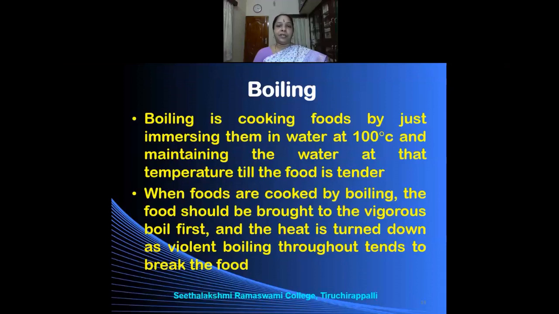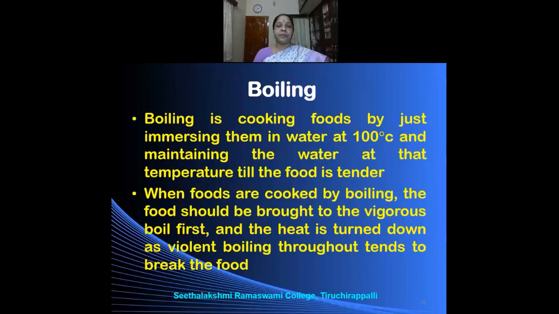And then the food is usually added. It can be vegetables, or rice, or dal. After the food is added to the boiling water, after a few minutes, we bring down the temperature. We put the stove in the sim mode so that it is not vigorously boiling, or else if we keep the food vigorously boiling throughout, the food will be overcooked.